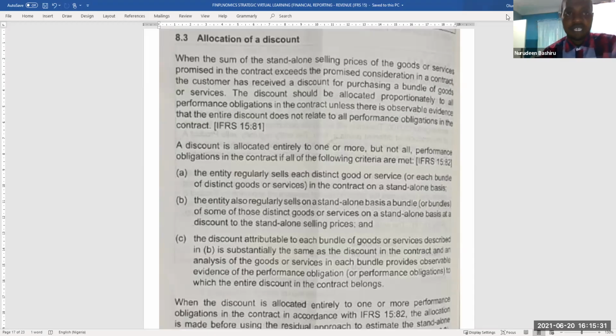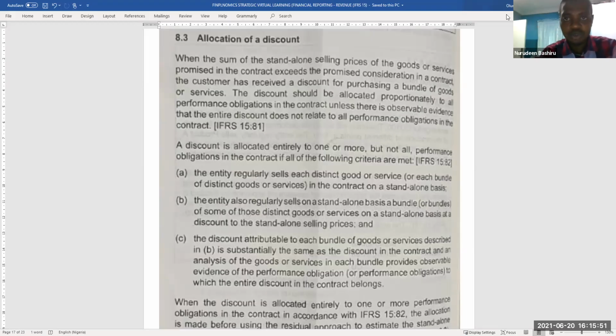Allocation of a discount. When the sum of the standalone selling prices of the goods and services promised in the contract exceeds the promised consideration in a contract, the customer has received a discount for purchasing a bundle of goods or services.